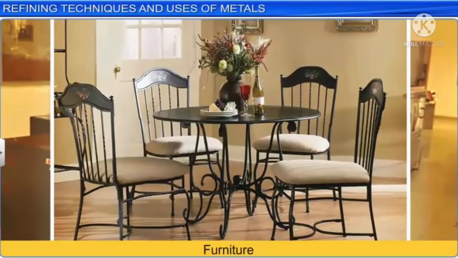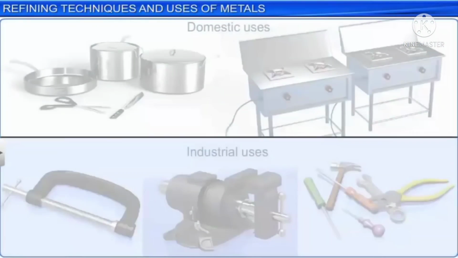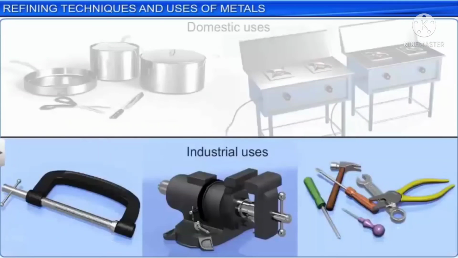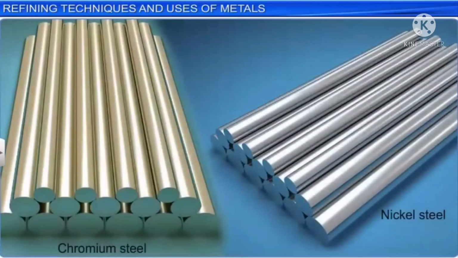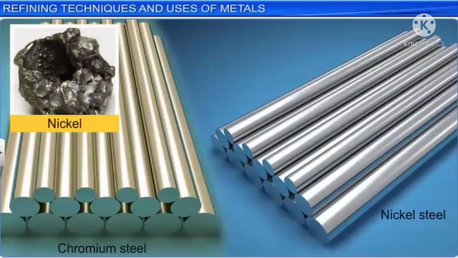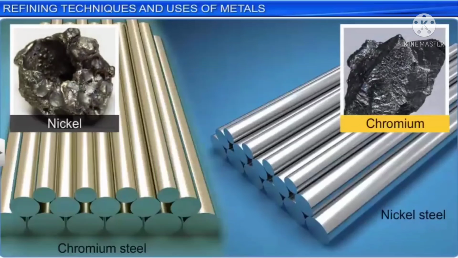An important alloy of iron is steel, which has many domestic and industrial uses. Different varieties of steel can be obtained by adding other metals like nickel, chromium, cobalt, and manganese to it.